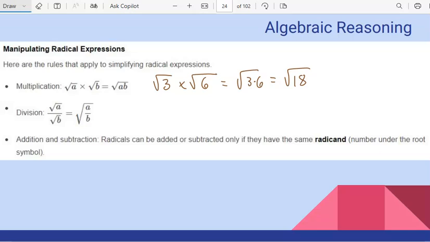Division: we have the square root of a divided by the square root of b equals the square root of a over b. For example, the square root of 6 over the square root of 3 is the same thing as the square root of 6 over 3, which is equal to the square root of 2.